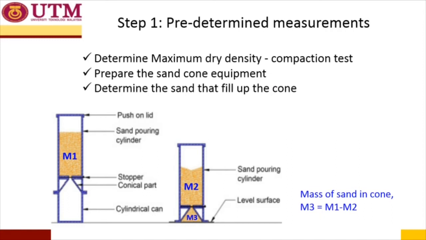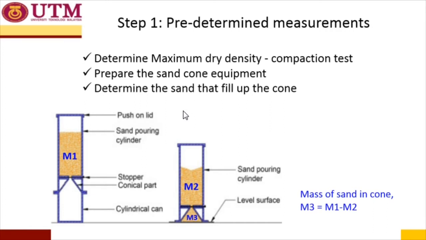I repeat, the sand itself with known density. For good results, the sand used should be uniform, dry, and clean, which passes through a 600 micron sieve size and is retained over a 300 micron sieve size, with, again, known density. Finally, the mass of sand that fills up the cone needs to be determined.